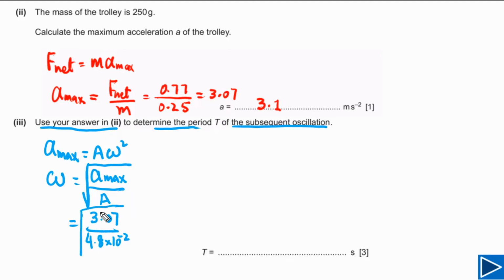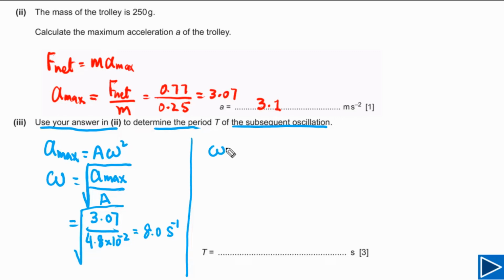So we have to convert into meters. Now if we solve this, our final answer will be 8.0 radians per second. Simply we can say it is per second. The unit of angular frequency is per second.